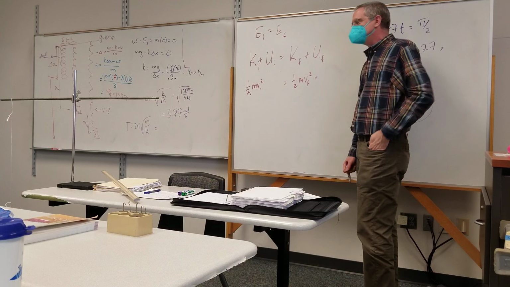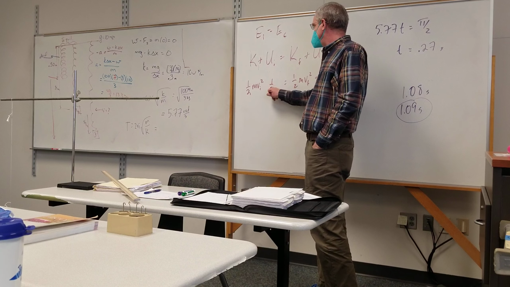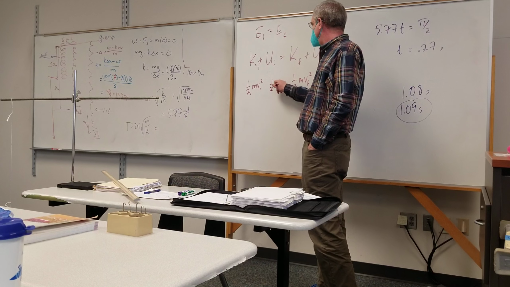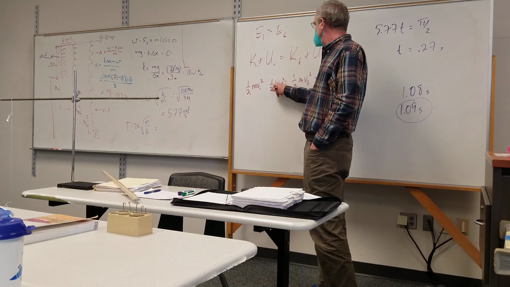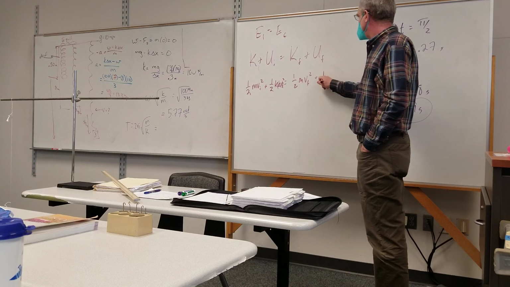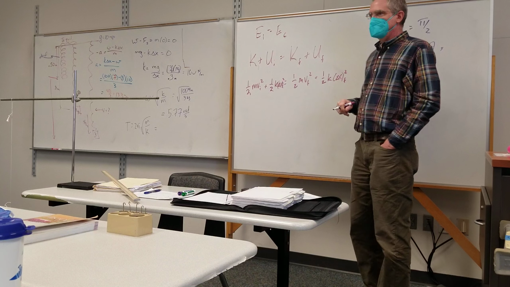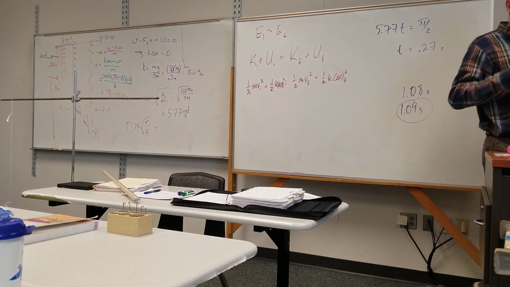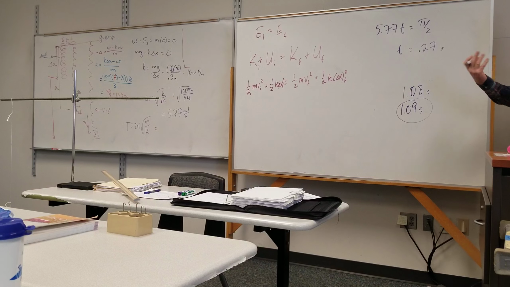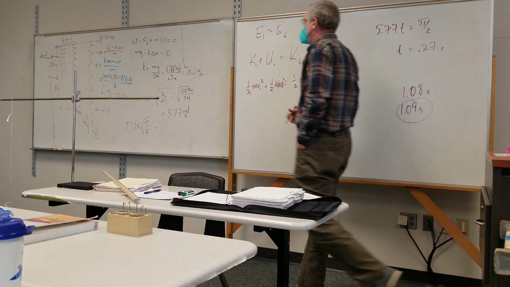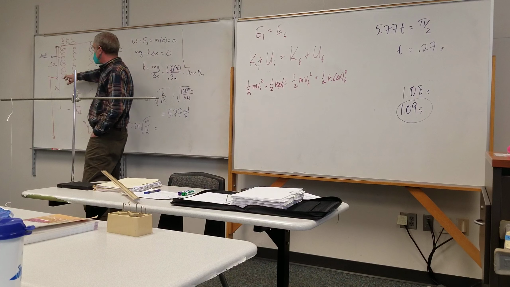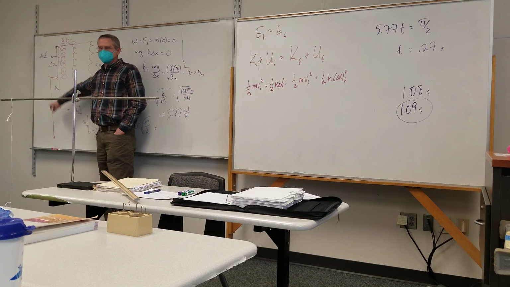Now, Sarah. 1/2 kx squared. Great job, Sarah. Oh, yeah, you're right, that makes sense. If we wanted to do the longer stretch, then we would also have gravitational potential, so mgh would be appropriate if we are establishing this as our starting point.